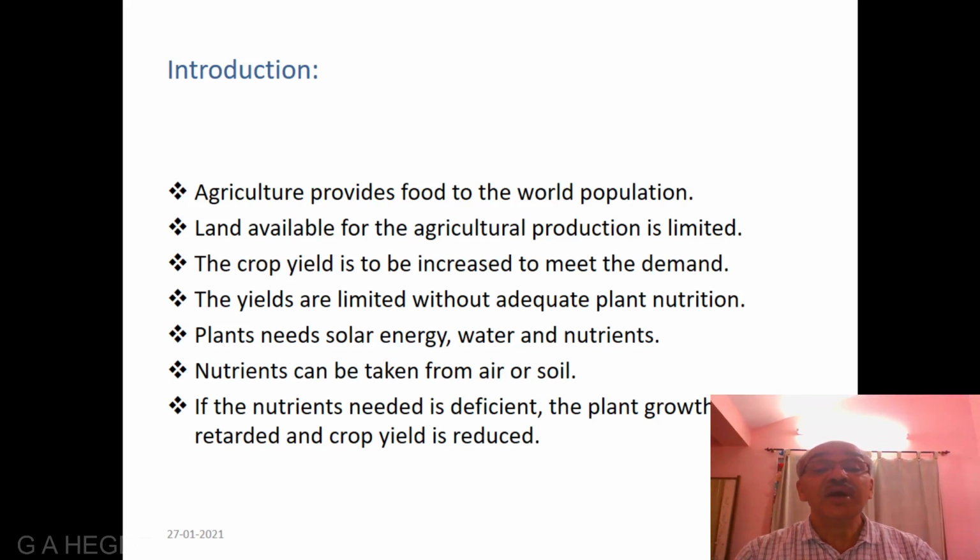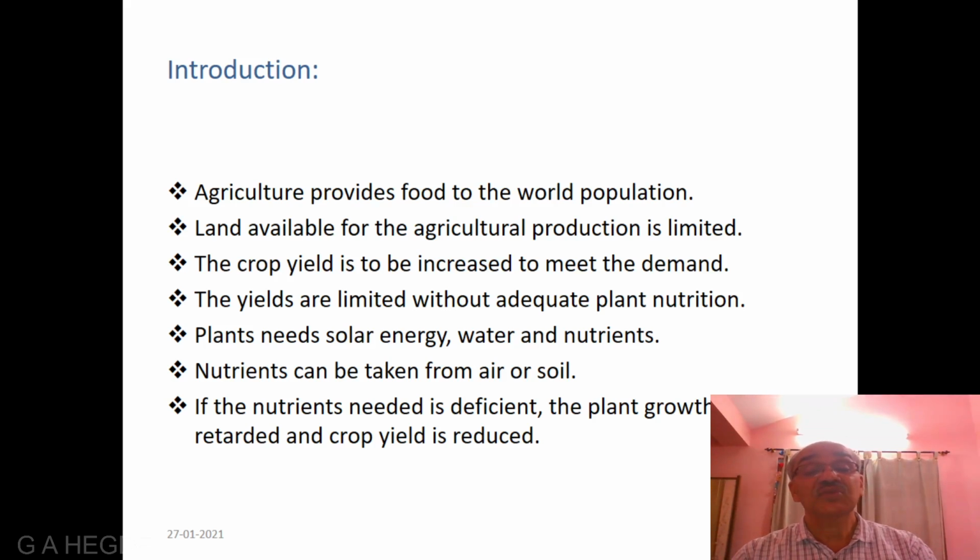Agriculture provides food to the world population. Land available for agricultural production is limited. The crop yield is to be increased to meet the demand. The yields are limited without adequate plant nutrition.